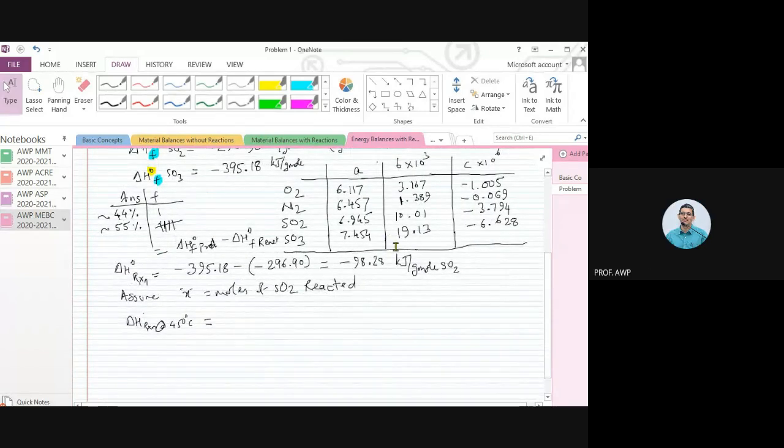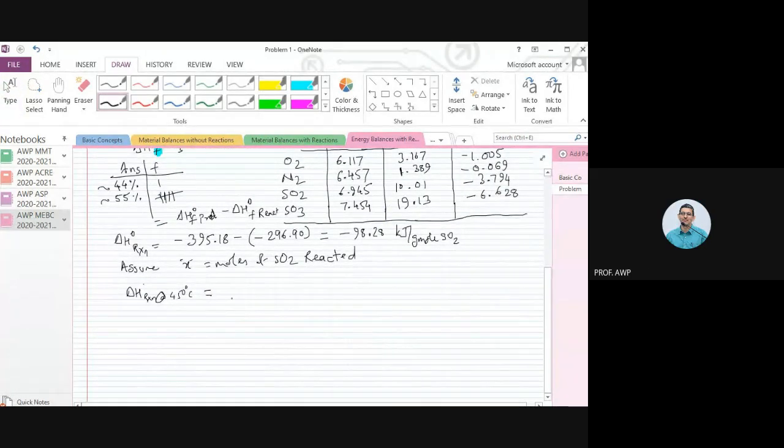Okay, so the heat of reaction at 450 degrees centigrade will be the heat of reaction at 25 degrees centigrade under the standard state, delta H0 for the reaction, plus you have to integrate Cp from 25 to 450 degrees centigrade.